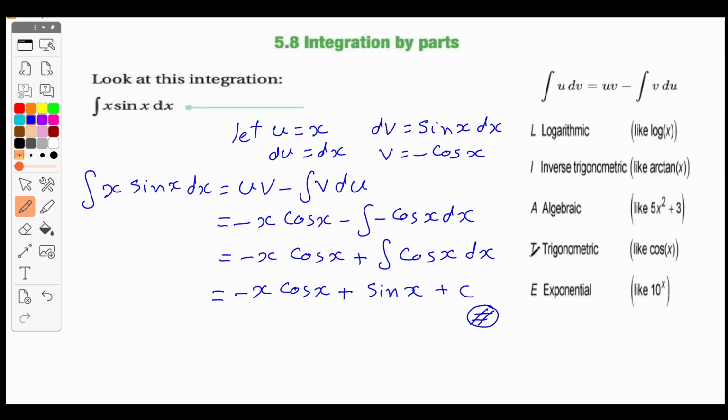And then trig, sine, cosine, and then last exponential, e to the x or 10 power of x. So we choose u as these letters in order. This inverse is not common in our syllabus. Just ln, algebraic, x squared or x, then trig, sine, cosine, tan, then last thing is exponential.